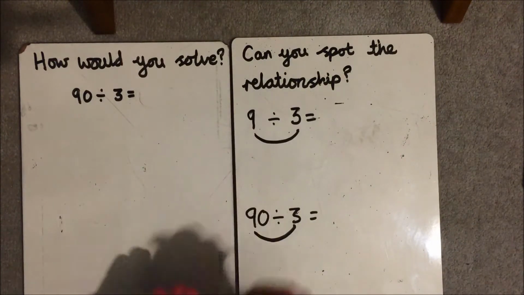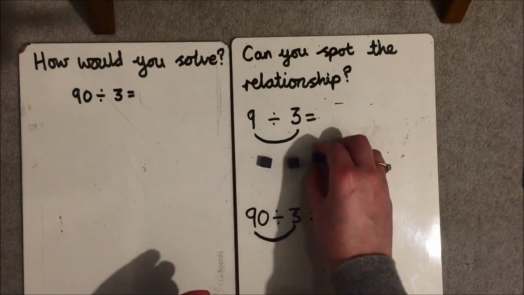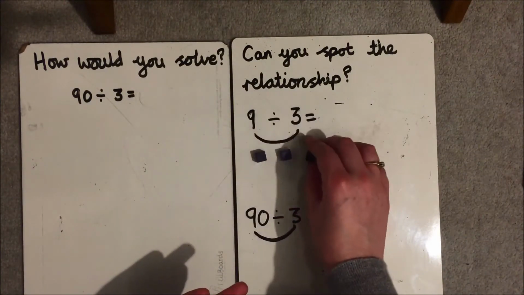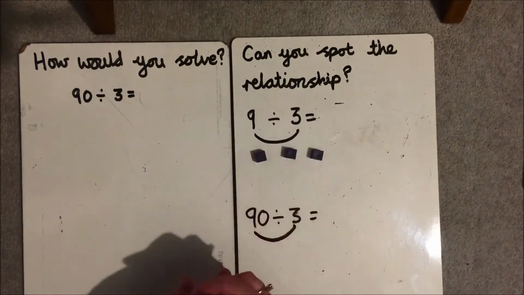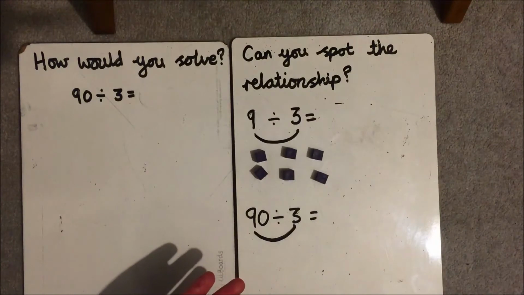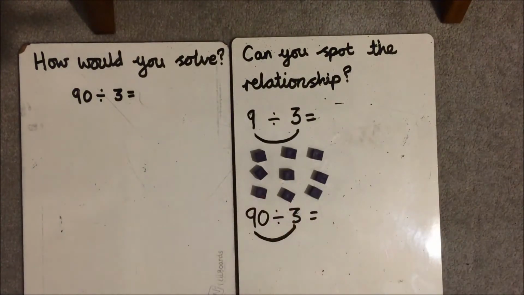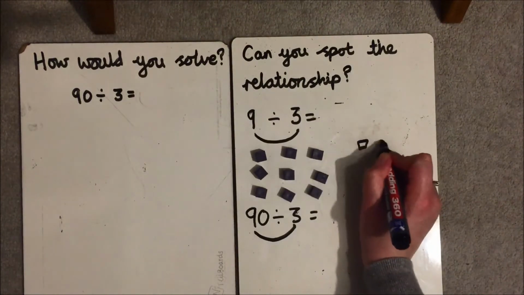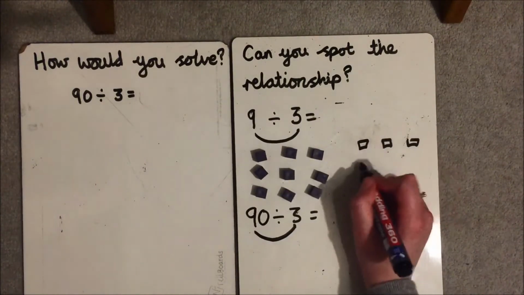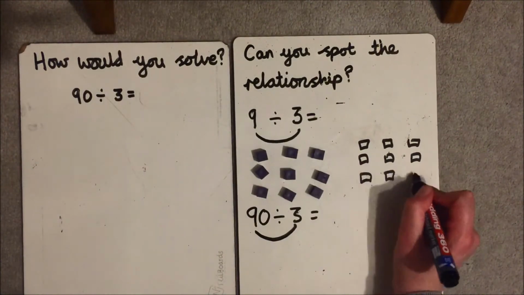9 divided by 3. I know you know how to do this with your times tables, and that's okay too. But you'll see why I'm using my Deans. That's my 3 groups. 1, 2, 3. Now I count to 9. 4, 5, 6, 7, 8, 9. I could also do it as a drawing. 1, 2, 3. They're my 3 groups. 4, 5, 6, 7, 8, 9.